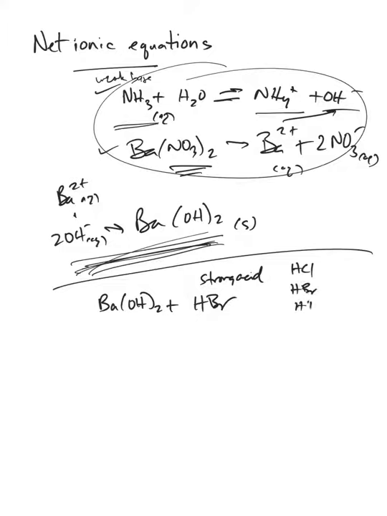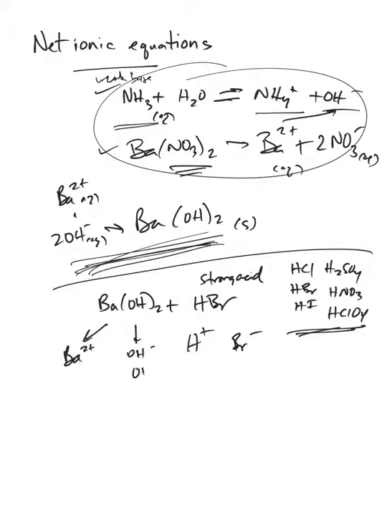We make them memorize 6 strong acids. That way, you know that each one of these totally dissociates in water to give H plus and then whatever the ion is. Strong bases give the cation and then the anions, OH minus.